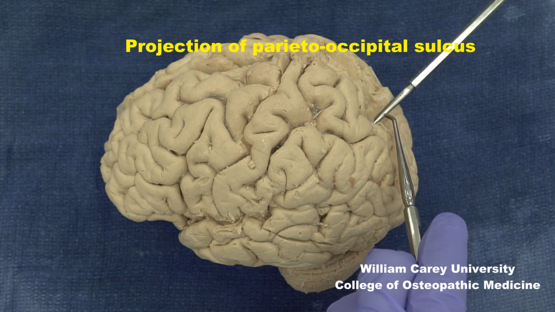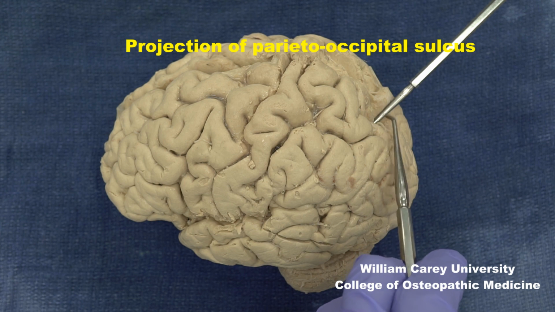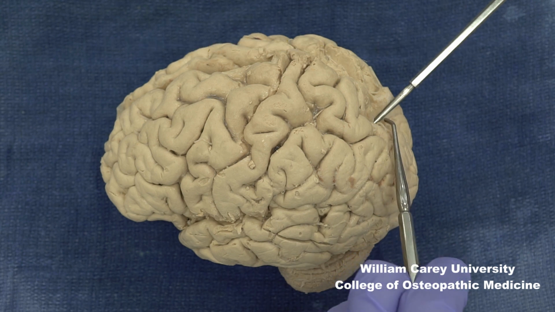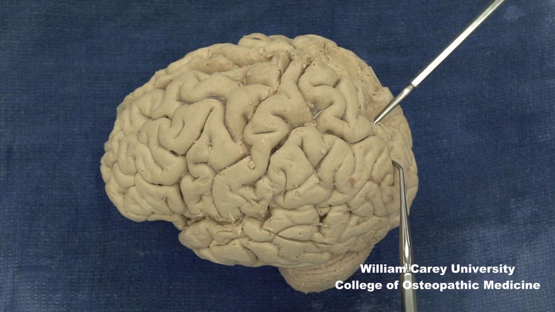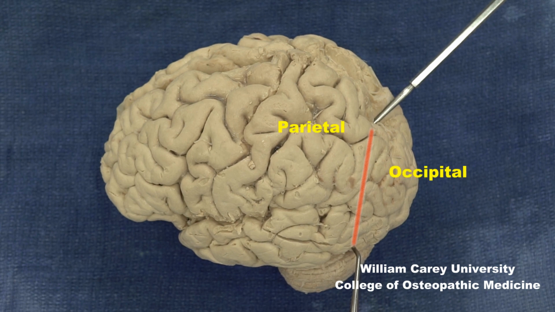The parietal occipital sulcus is more readily visible on the medial surface, and I only marked the projection of it here. So once again, we are connecting it with the previously identified pre-occipital notch, thereby separating occipital from parietal lobe.